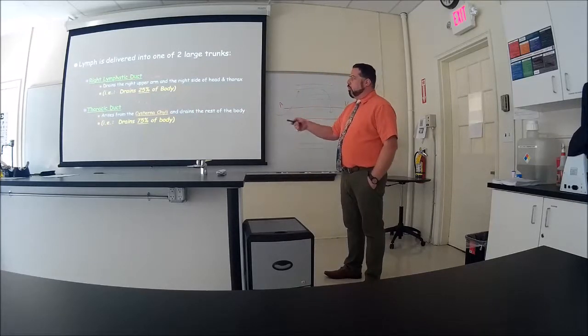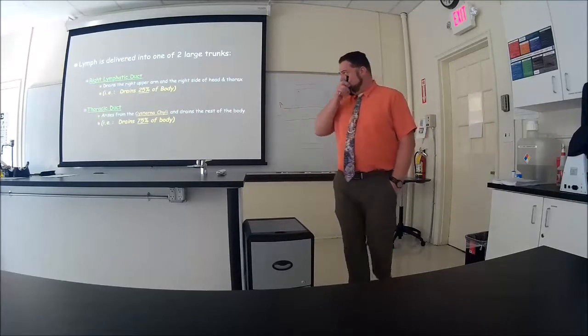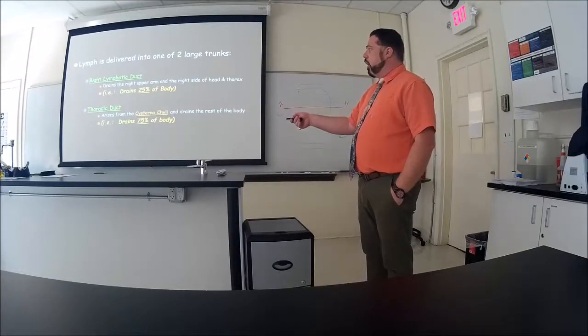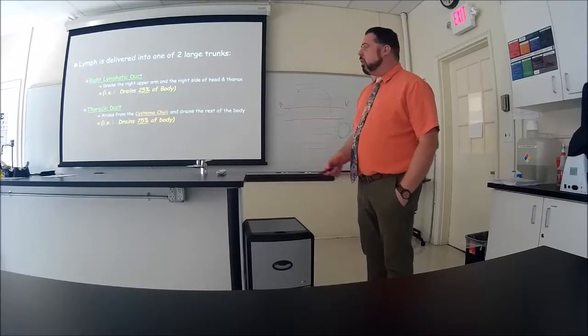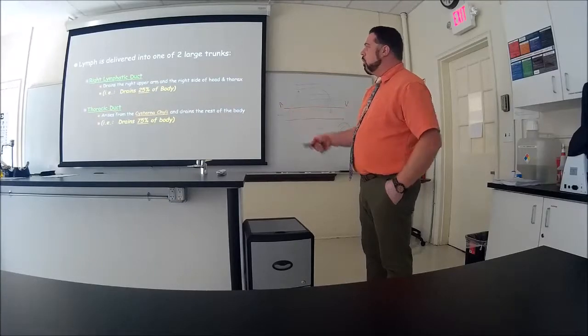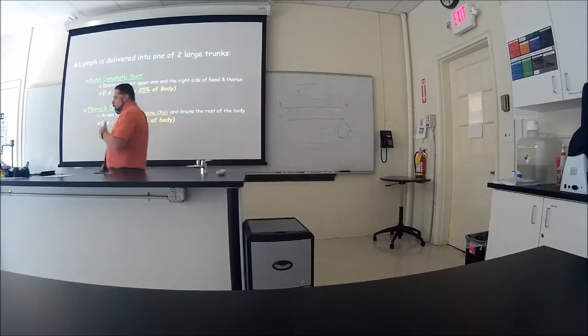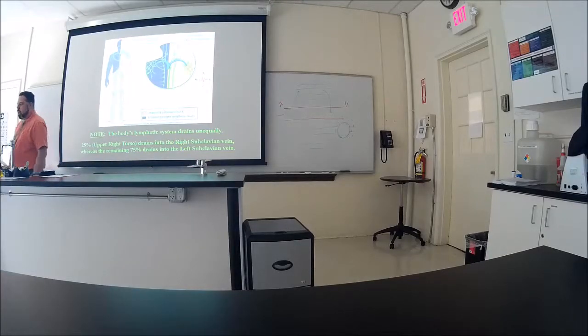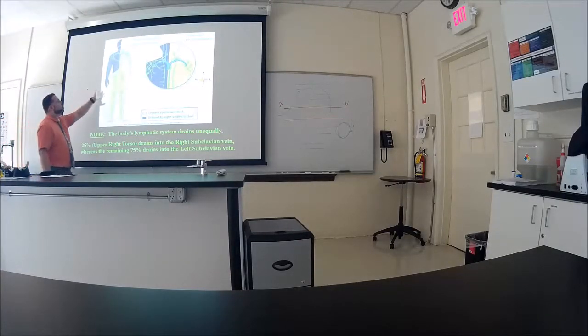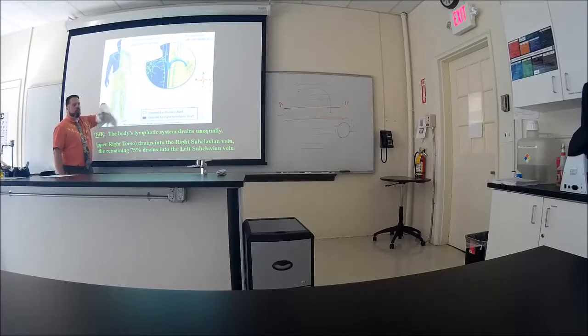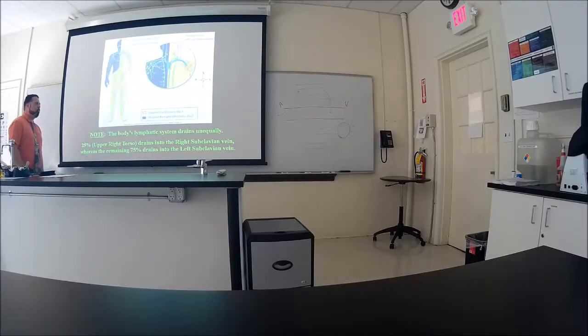It drains 25% of the body, whereas the thoracic duct, which arises from the cisterna chyli, and I'll show you where that is, is going to drain the remaining 75% of the body. Okay? Again, you can see this great picture here of this 25-75%, and what gets drained from what.